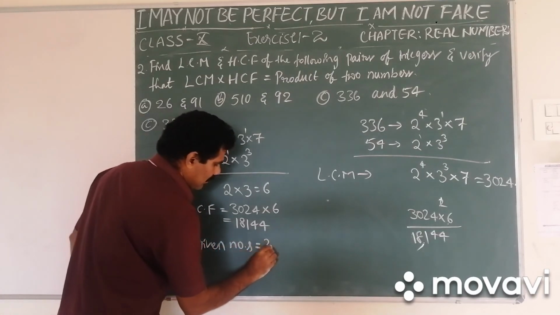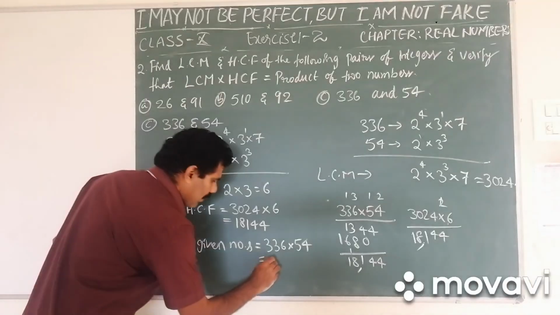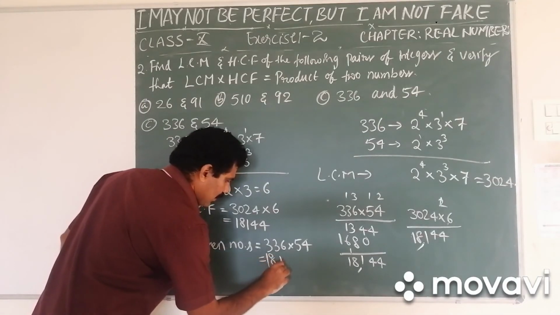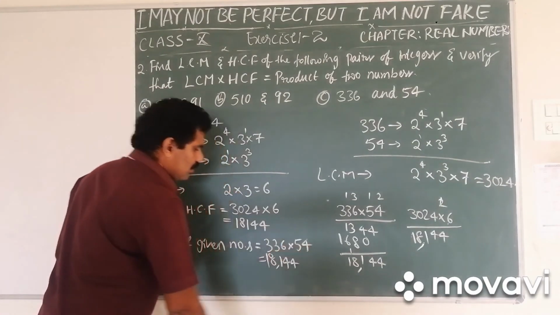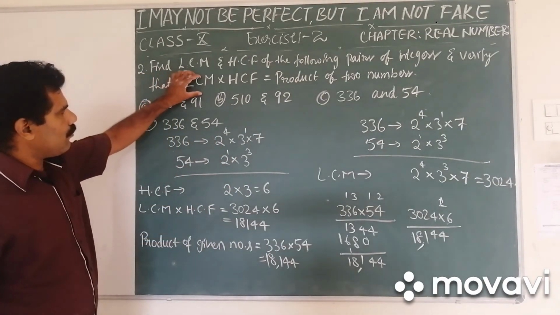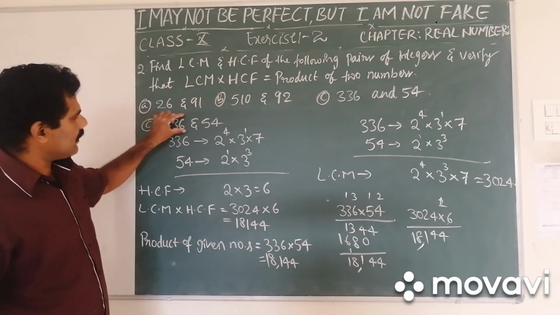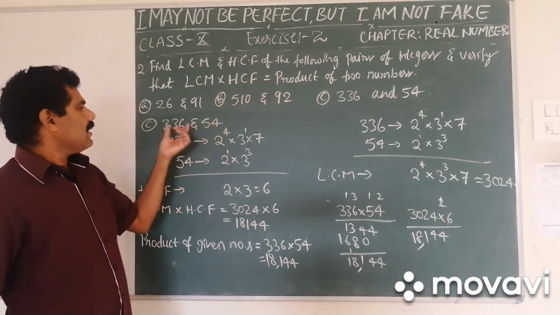What are the numbers they have given? 336 and 54. So it is 18,144. So here the condition is proved. That is LCM of 336 and 54 into HCF of 336 and 54 is equal to 336 into 54.